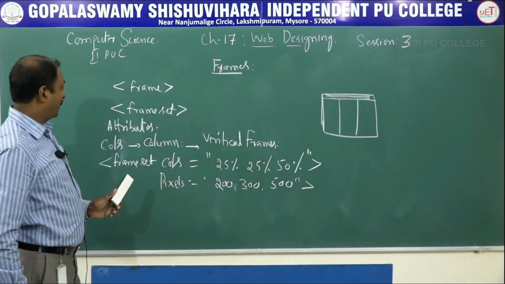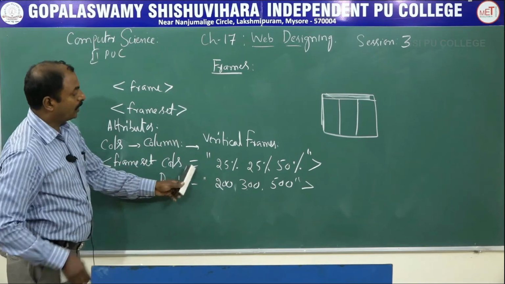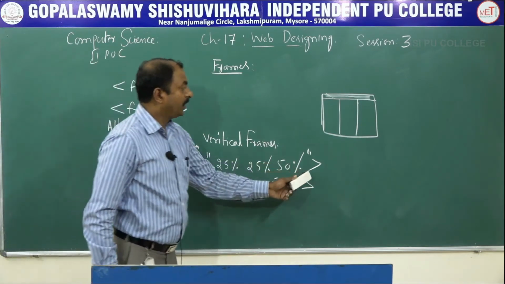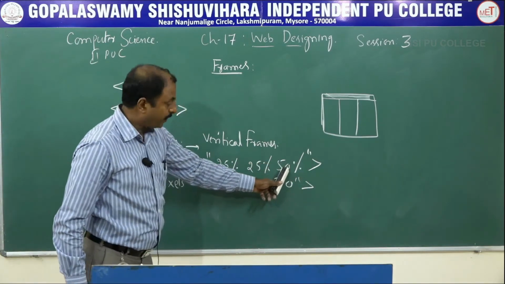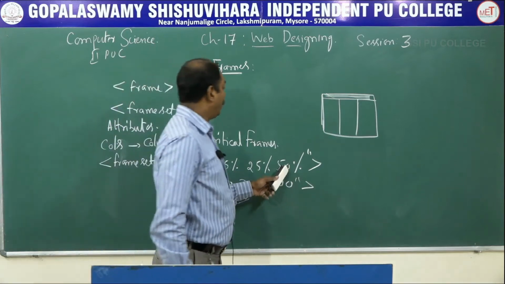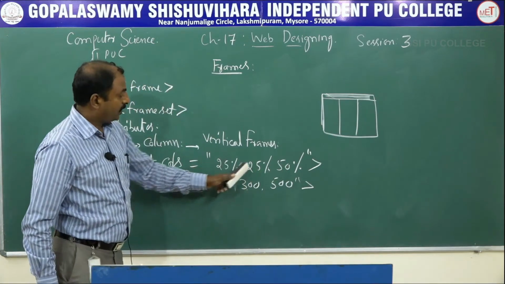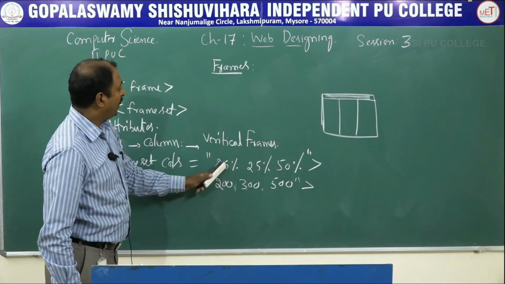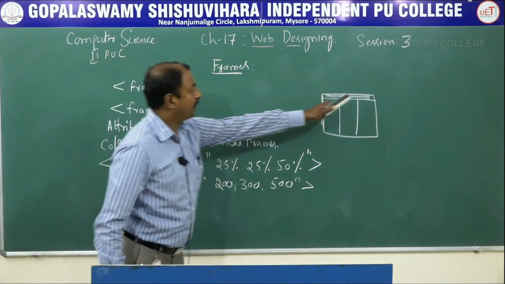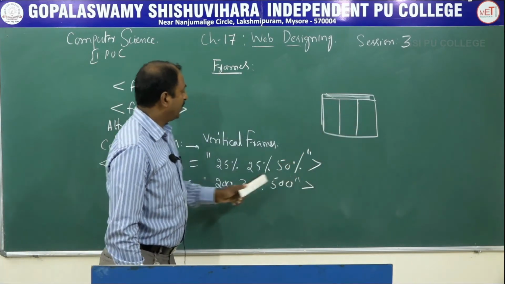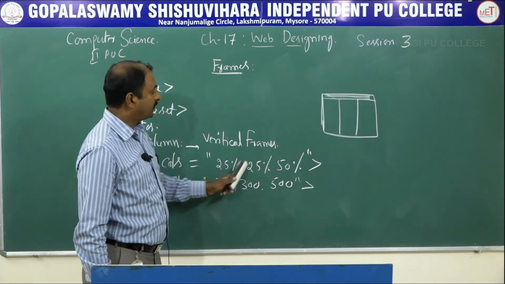So in this example, frameset cols is 25, 25, 50. If you look at the example, the output divides into, you can see there are three values. So we are dividing this web browser window into three vertical frames, that is columns.